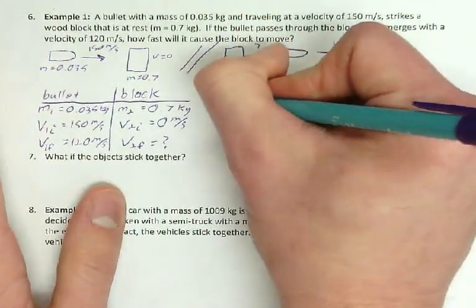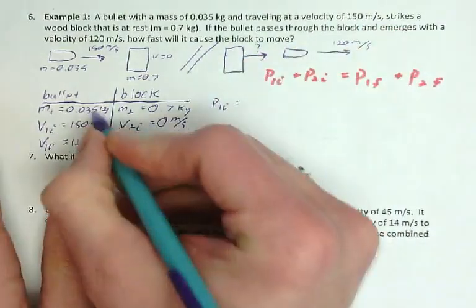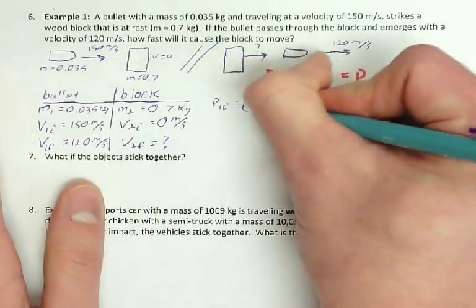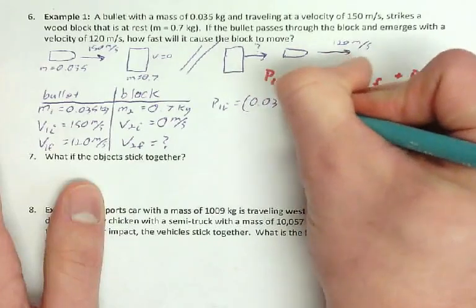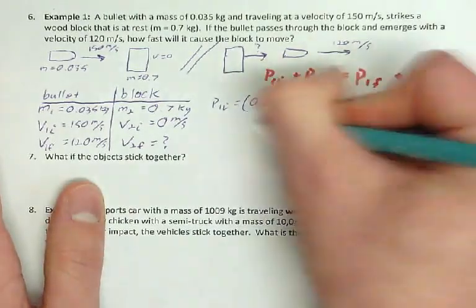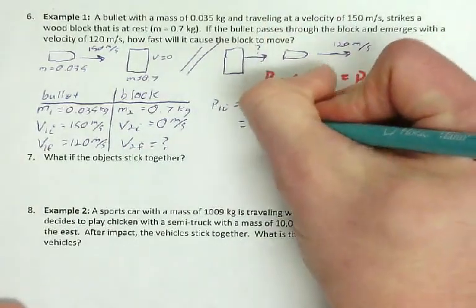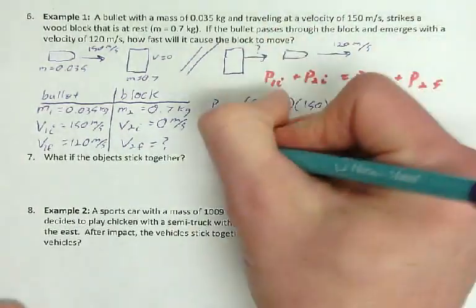So we're going to find the momentum of 1 initial, which would be mass times velocity. So get your calculators out because you're going to need them for the problems. If you need to borrow one, come borrow one. So this gives me 5.25.